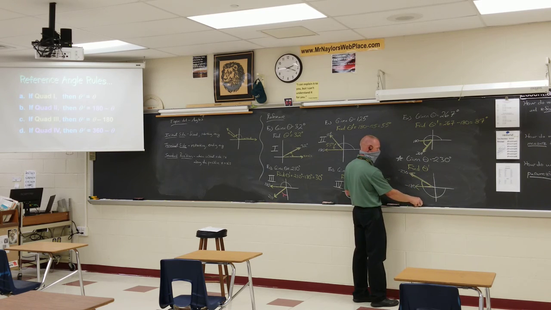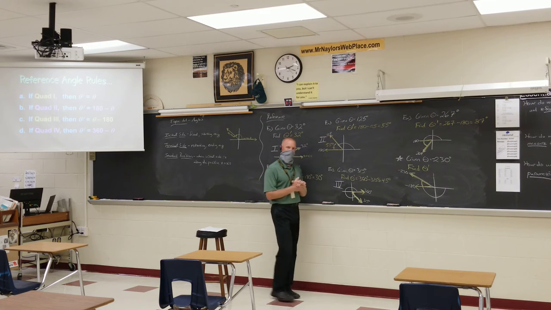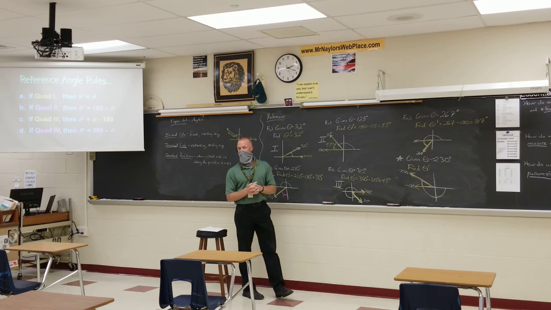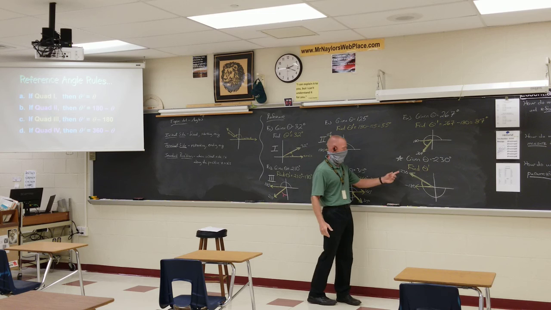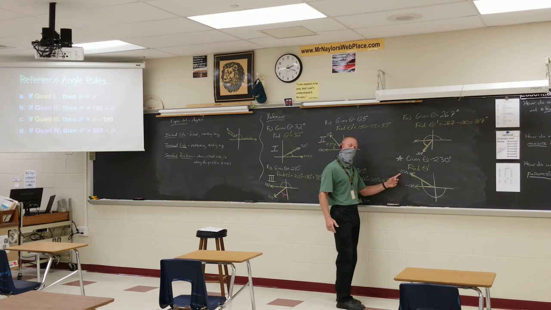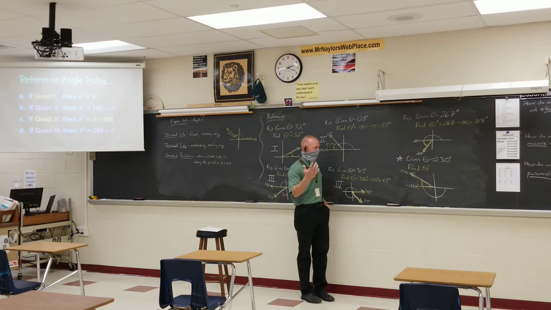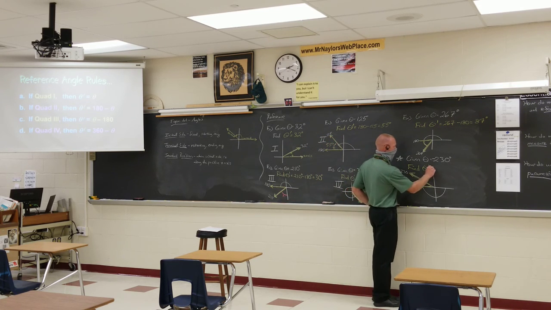Now I'll have students start to say, well, what do I do with the negative? Do I ignore them? I might say loosely, yeah, if you understand that you're just finding the difference between those numbers, the difference between these numbers has to come out to be positive. So if I kind of ignore the negative, I could still very easily say, well, that distance, that difference is 50 degrees.